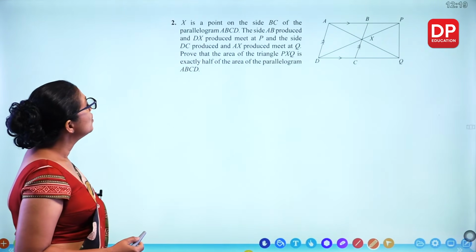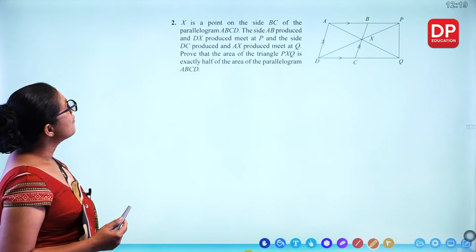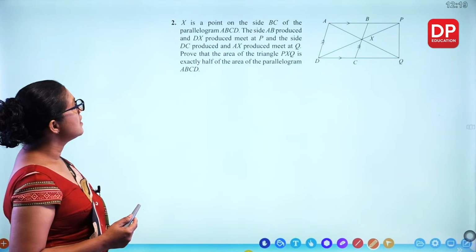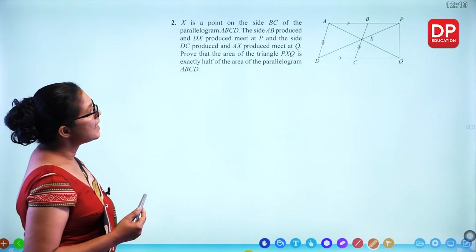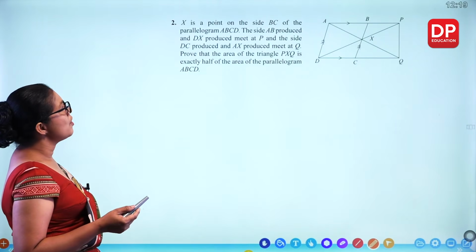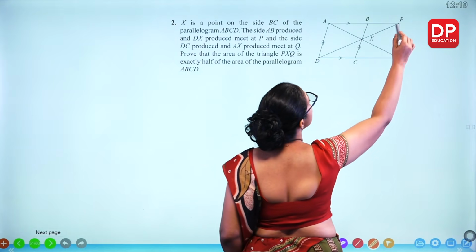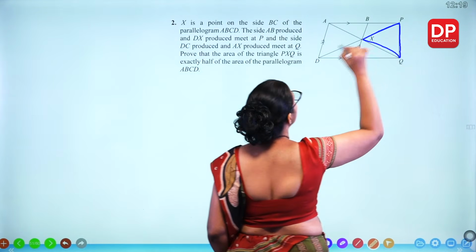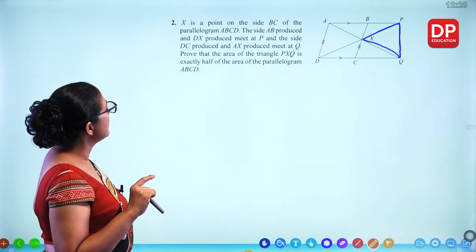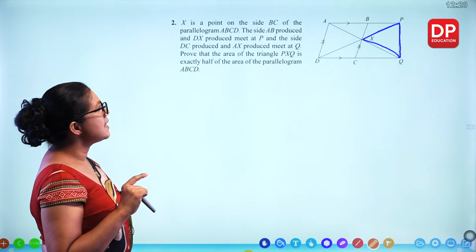Question number 2. X is a point on the side BC of the parallelogram ABCD. The side AB produced and DX produced meet at P. And the side DC produced and AX produced meet at Q. Prove that the area of triangle PXQ, this one, is exactly half of the area of the parallelogram ABCD.